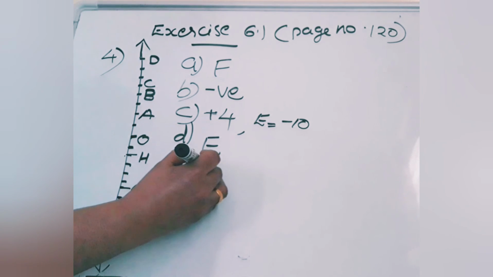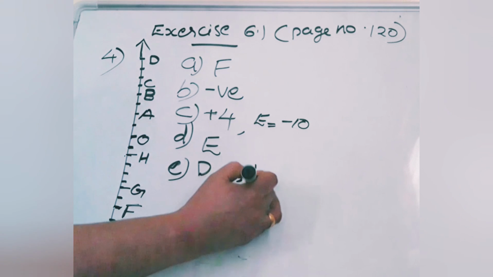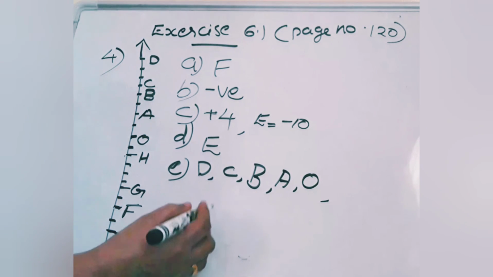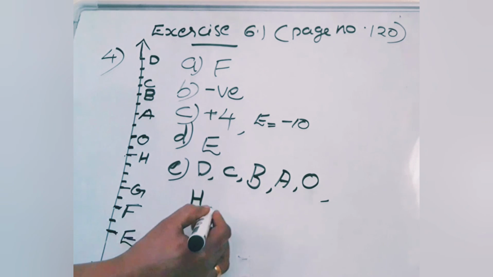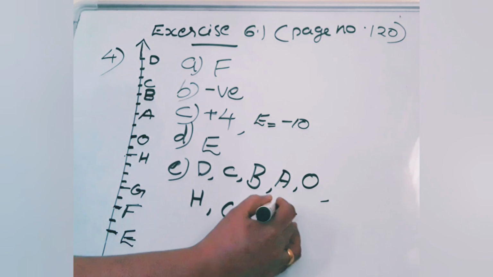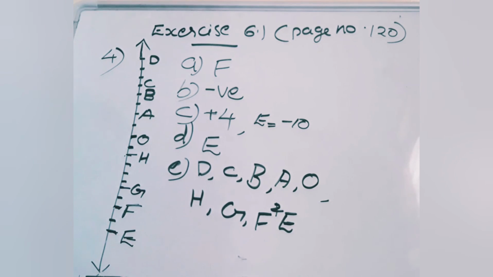So let us start in decreasing order: first D, then C, then B, then A, then 0, then H, then G, then F, then last E. So this is in decreasing order. Decreasing means descending order.